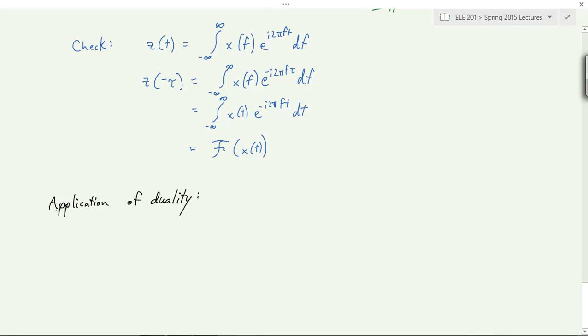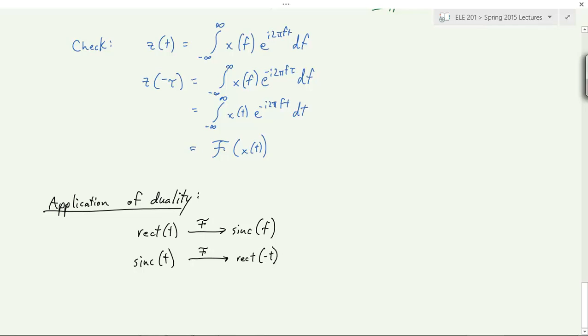We already learned that when you take a Fourier transform of rect of t, you get sinc of f. We calculated that. That means that if you have sinc of t as your time domain signal, and you take a Fourier transform, you should get rect of negative t. That's what duality says.